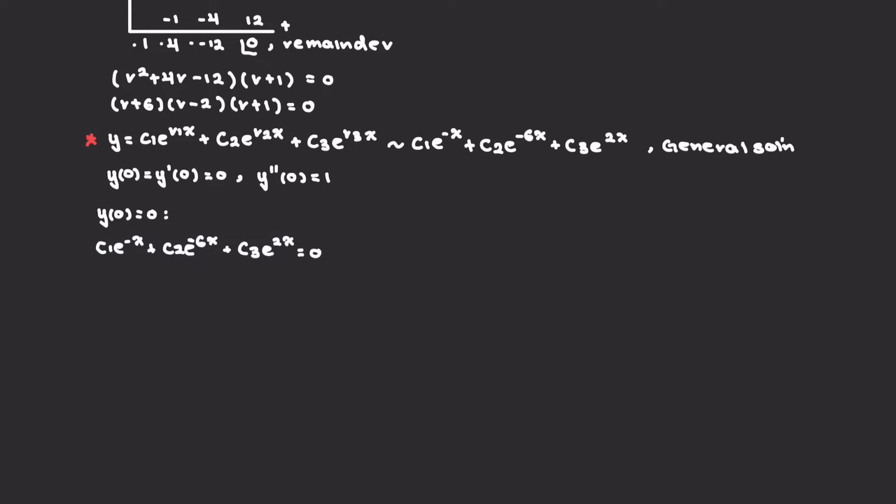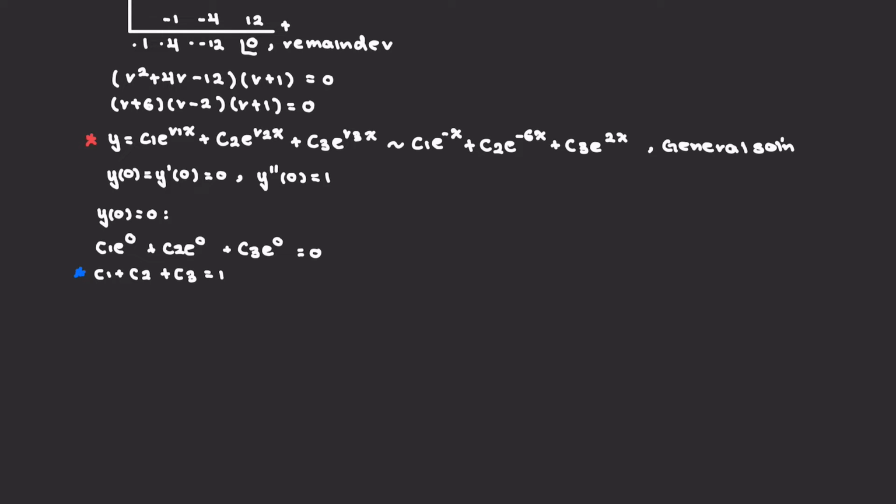And don't forget that all of the x's are also 0. So we know for a fact that e to the 0 is just 1. So everything here is just c1 multiplied by 1 plus c2 multiplied by 1 plus c3 multiplied by another 1. So it is just c1 plus c2 plus c3 equals 1. And so this is our first expression.